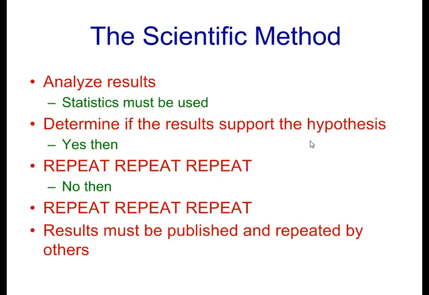So I repeat it, get pretty close to the same results. It depends on what it is. Then I publish it, and the big thing is other people have to do it, and they have to get the same results. And if they don't, that doesn't mean I faked anything. That just means they're getting different results, and we have to decide why.